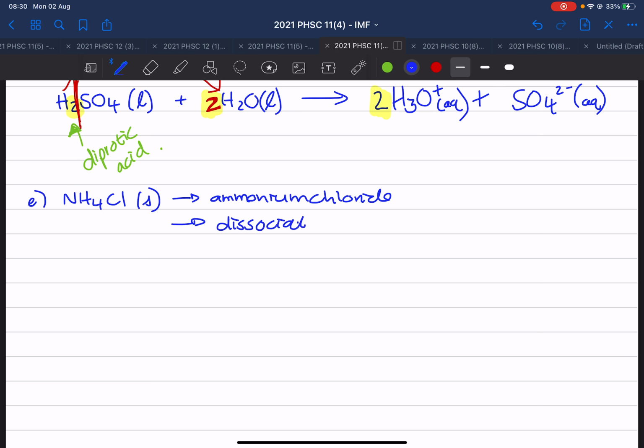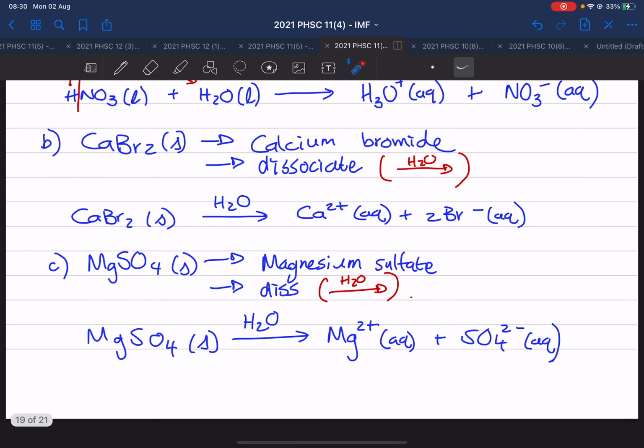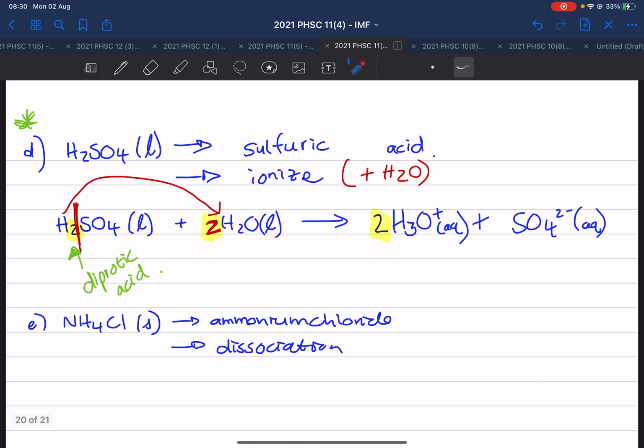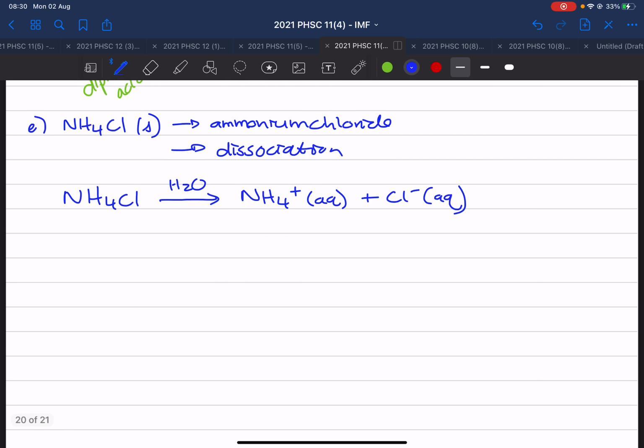We said previously that because it is a metal, it undergoes dissociation. Here, this is a tricky one because it is a salt or a solid. It undergoes dissociation. So ammonium chloride, in the presence of water, will give you ammonium ions and chloride ions.